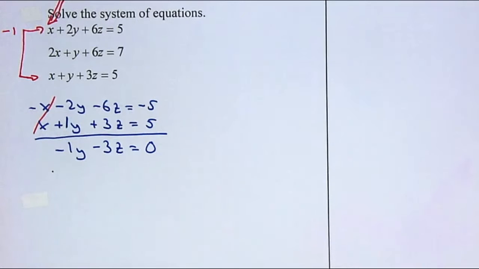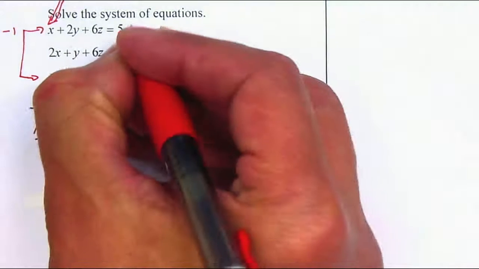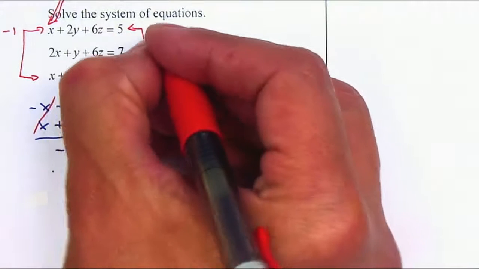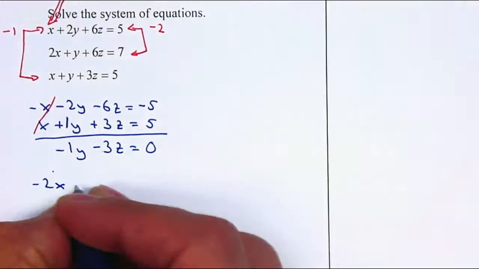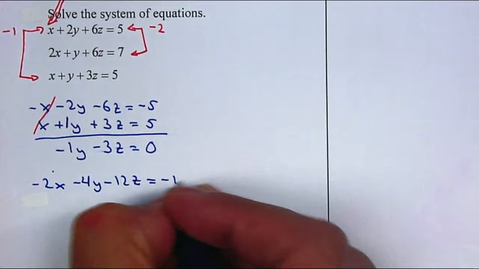Now I'm going to cancel the x's once again. Remember, if you cancel the x's first, you want to cancel the x's again. I'm going to get the first and second equation, and I'm going to multiply the first equation by -2. That gives me a -2x minus 4y minus 12z is equal to -10.